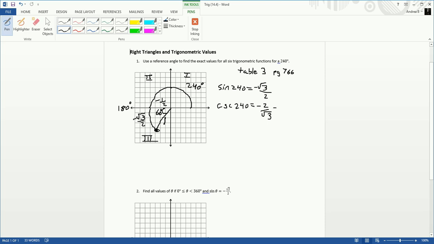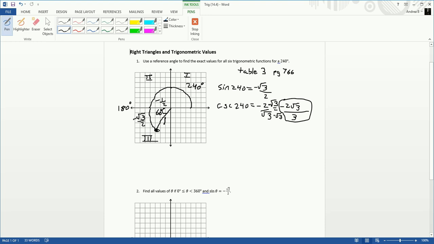Or the way that you'll see it in the book and in some of those problems is you'd have -2 times the square root of 3 over 3. To get that, what they're really doing is multiplying the top and the bottom of this fraction by the square root of 3. This process is what is called rationalizing the denominator, getting the denominator so we no longer have a square root down there. So that would be in terms of your cosecant function there.